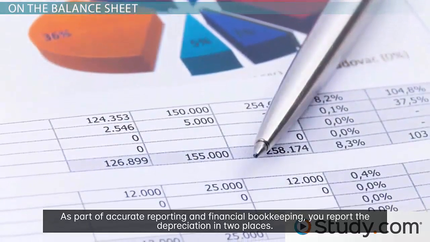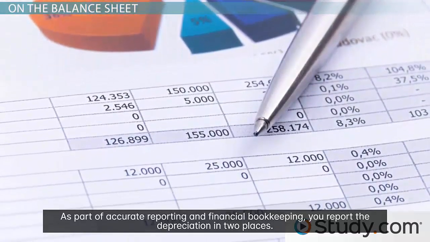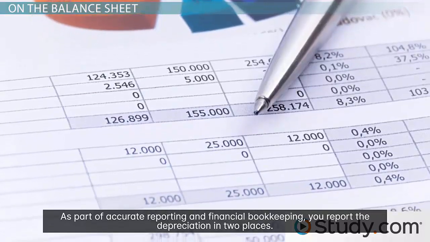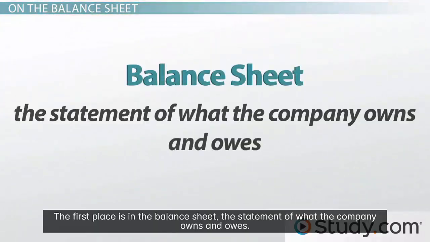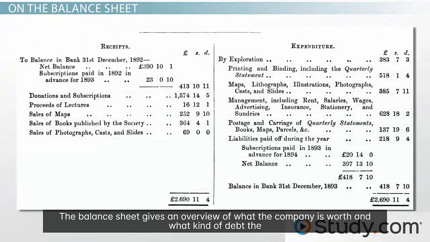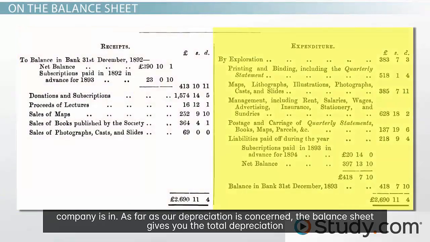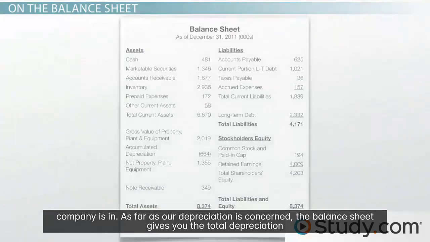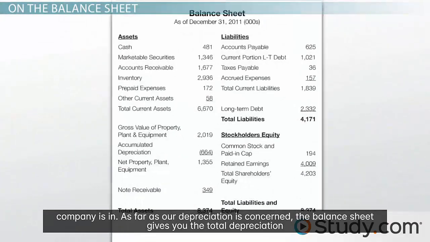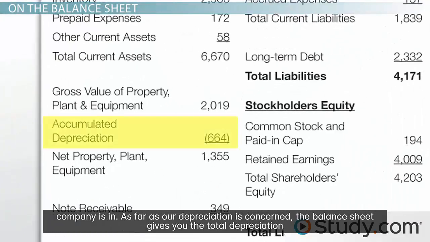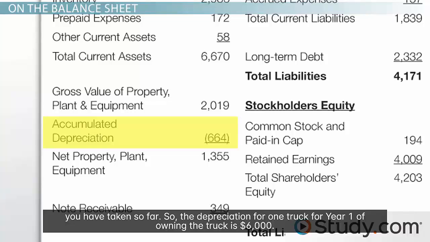As part of accurate reporting and financial bookkeeping, you report the depreciation in 2 places. The first place is in the balance sheet, the statement of what the company owns and owes. The balance sheet gives an overview of what the company is worth and what kind of debt the company is in. As far as our depreciation is concerned, the balance sheet gives you the total depreciation you have taken so far.